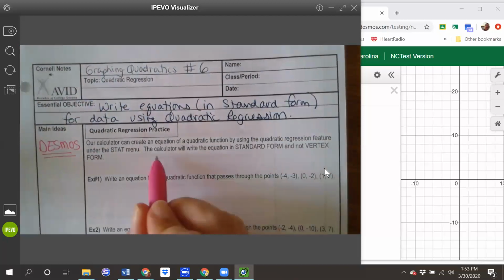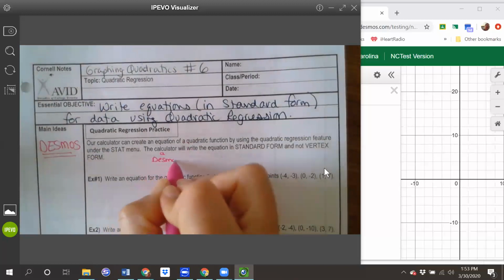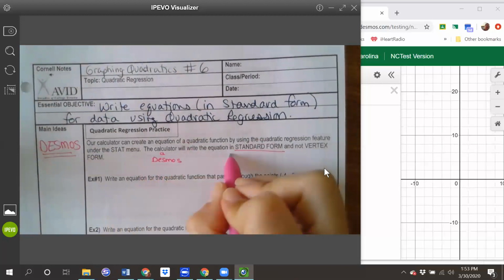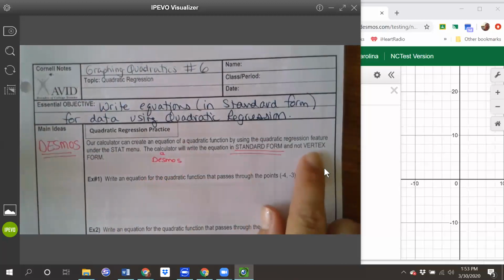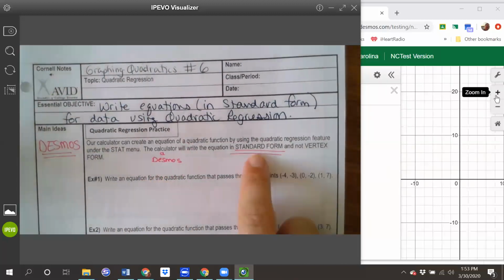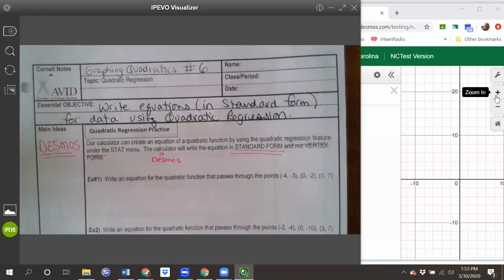The calculator and Desmos are going to operate in standard form. I know that we've just spent some practice time converting things from standard form into vertex form. However, our technology operates in standard form, so we do not want vertex form while we are doing regression.